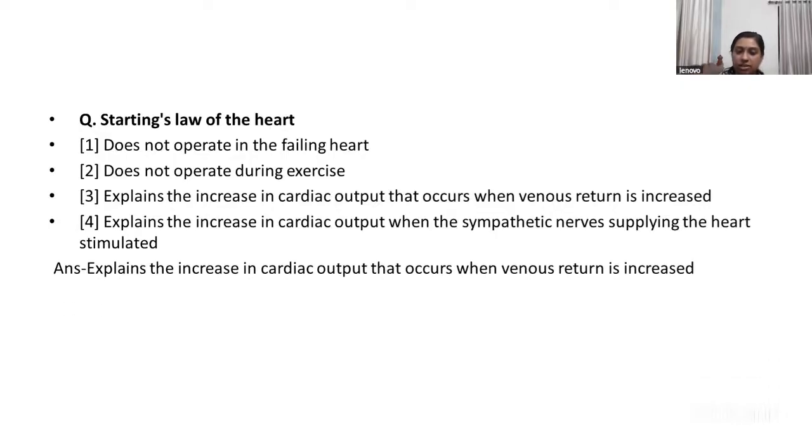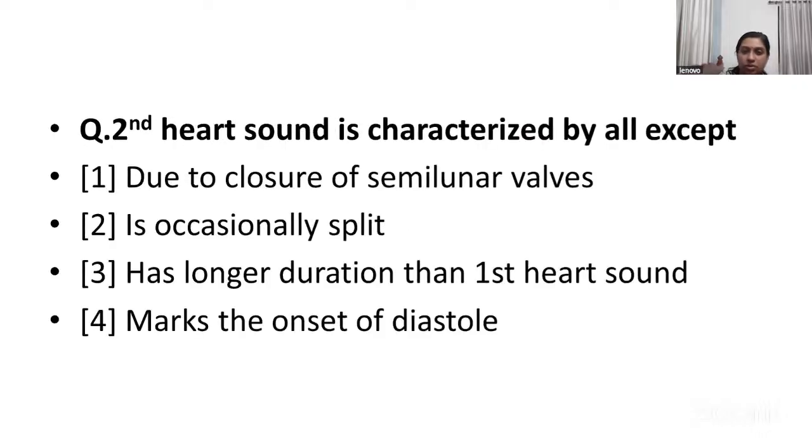It explains the increase in cardiac output that occurs when the venous return is increased. We know that the initial length of the muscle fiber is proportional to the cardiac contraction. This we have already learned.